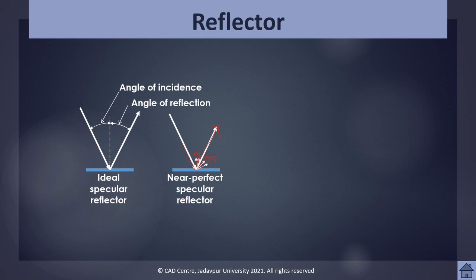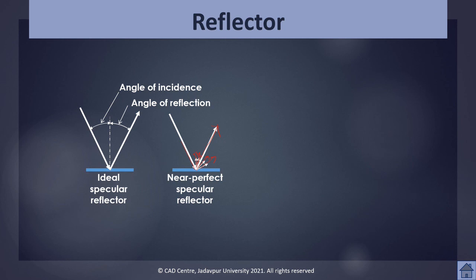Specular reflection occurs when the surface from which the radiation is reflected is essentially smooth, like mirror-like surfaces. For several features we have a flat surface, for example water bodies, etc., and we get specular reflection.